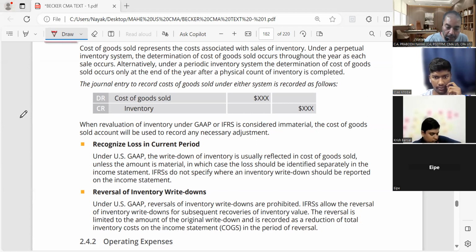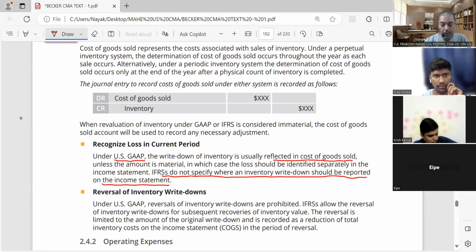Because under US GAAP, it is reflected in the cost of goods sold, which means it comes as a part of operating expense. But IFRS does not specify where the inventory write-down should be reported, so you can show it either as a part of operating expense or as a part of non-operating expense.